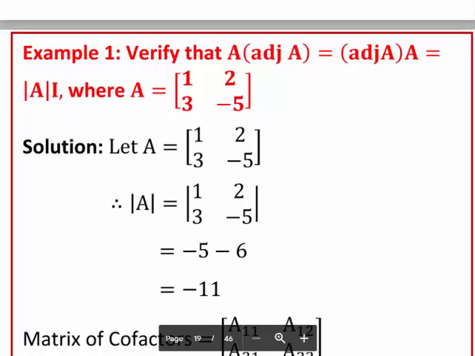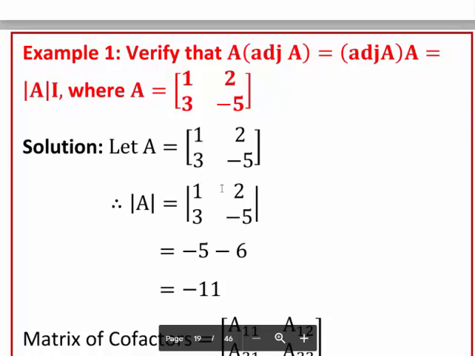How can we verify? Just take the left-hand side, A into adjoint of A. That we have to show equals determinant of A into I. To show this, we first calculate the determinant of A, which for a matrix of size 2 by 2 has the formula AD minus BC. So we get 1 into minus 5 minus 3 into 2.